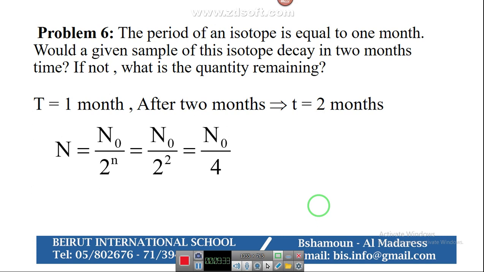N remaining equals N0 over 2 to the power n, equals N0 over 4. This means that m lost or m disintegrated equals m initial minus m remaining, equals 3 over 4 m0.